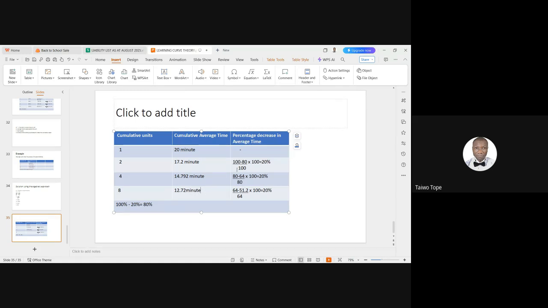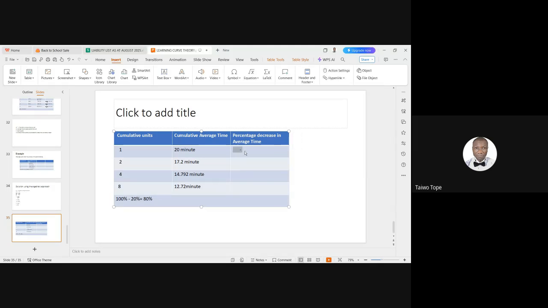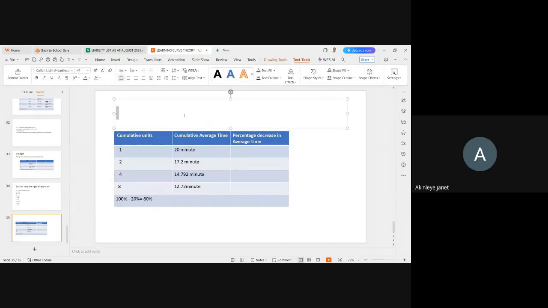So now, the percentage decrease will be what? You know, this will always be nil for the first cumulative unit. At this point, the percentage decrease will be what? Somebody should guide me now. It will be 20 minus 17.2 divided by 20 multiplied by 100.